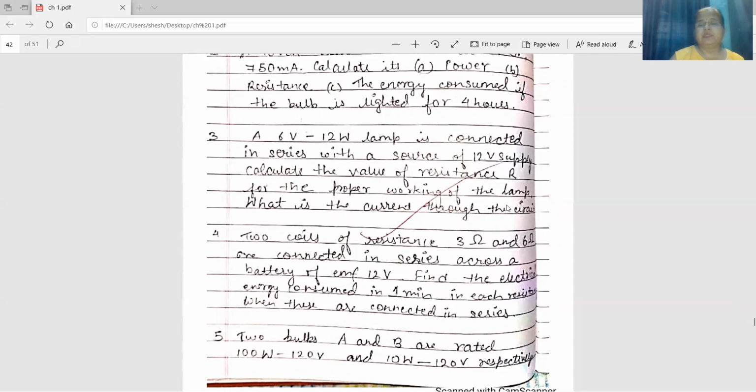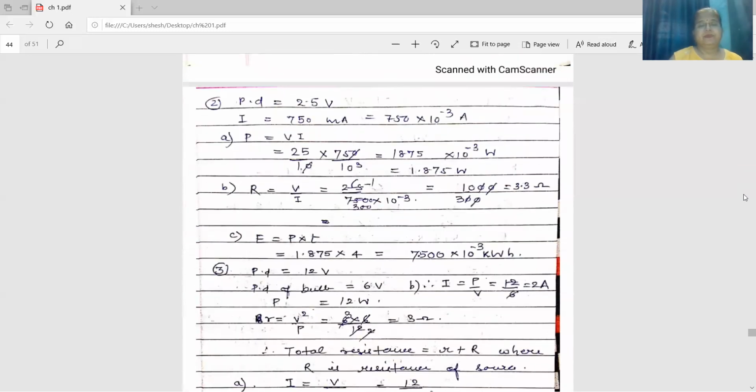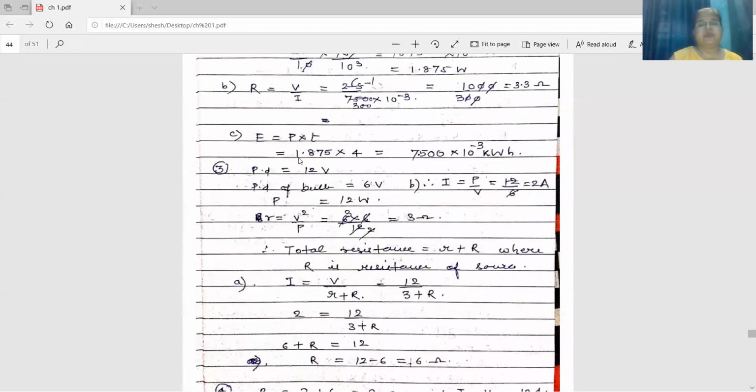What is the current through the circuit? You have to find out two things. First, the resistance of the source, and second, the current through the circuit. See, the potential difference of the circuit is given as 12 volt. The potential difference of the bulb is given as 6 volt and the power of the bulb is given as 12 watt.